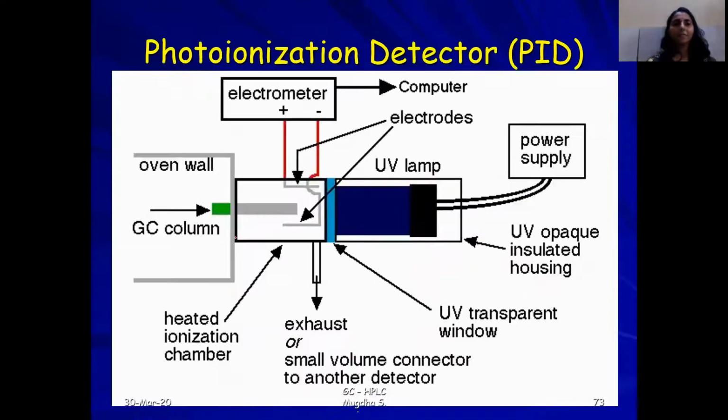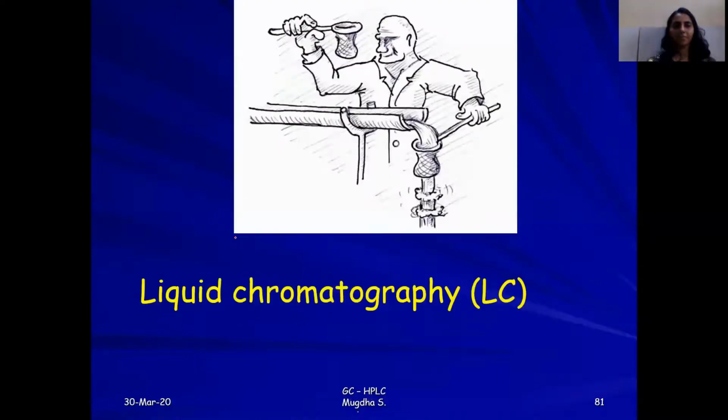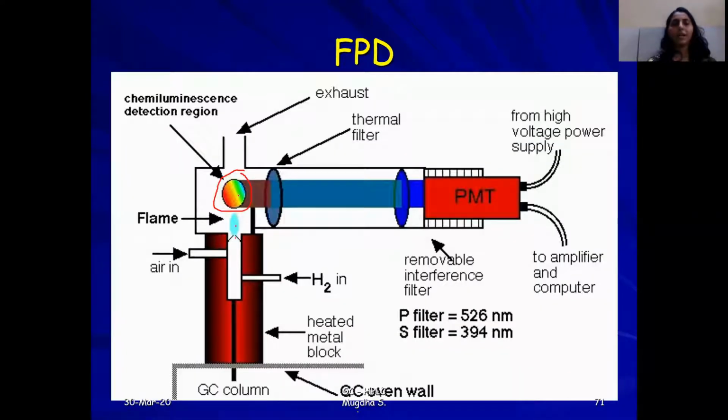This is the flame, and the photomultiplier tube, which is the detector, is placed perpendicular to the action that is taking place.